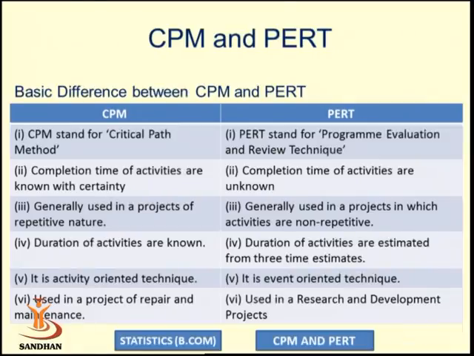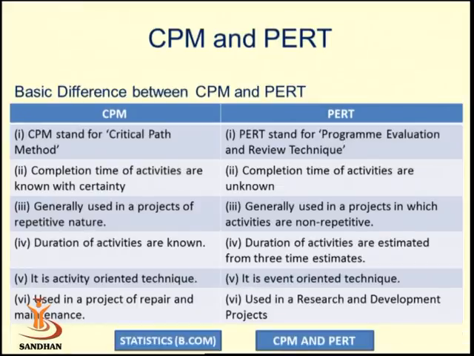Both the techniques have the same objective, that both will determine the total minimum project completion time, but they have some basic differences. Critical path method stands for CPM and PERT stands for Program Evaluation and Review Technique. In critical path method, completion times of the activities are known with certainty, while in PERT, completion times of activities are unknown.